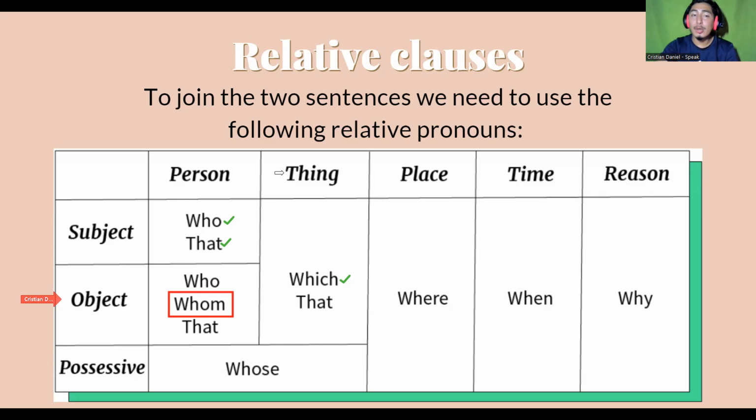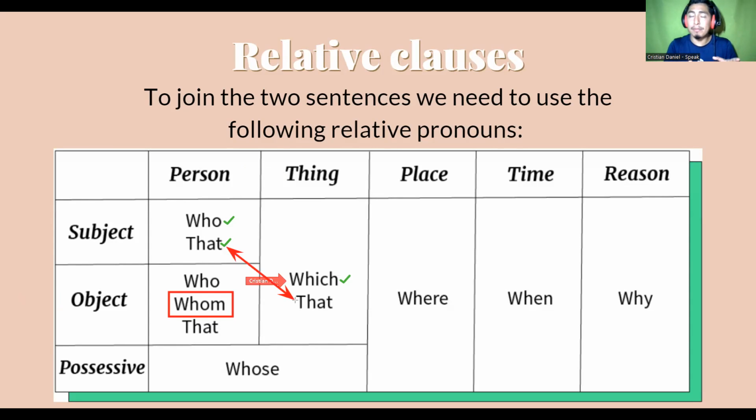Then, if we are talking about a thing or an object, for example, a cell phone, a mouse, a book, okay? In those cases, we use which, or same as when we are talking about a person, we can use that, okay?